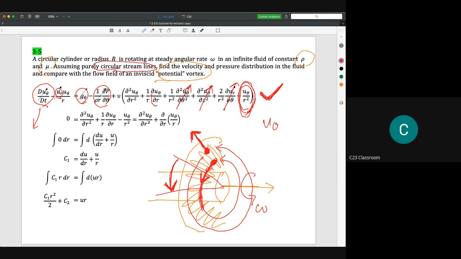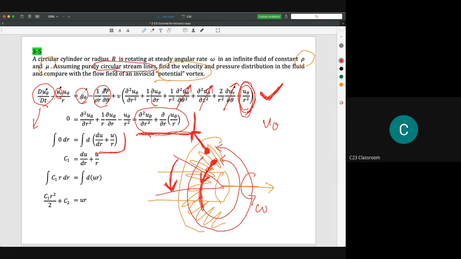Then we can simplify this one. We have the power of 2 of the differential, so you need to simplify this term into this one. If you expand this term, you could get this one too.